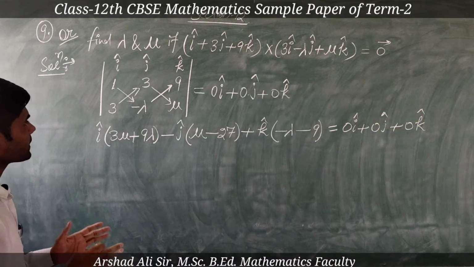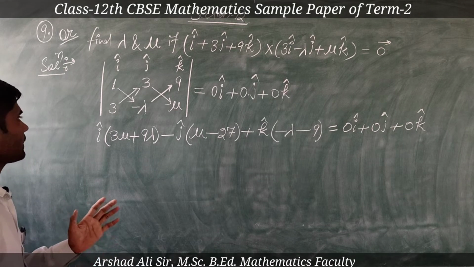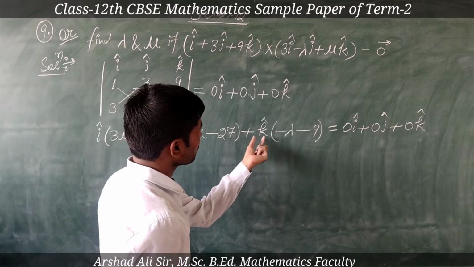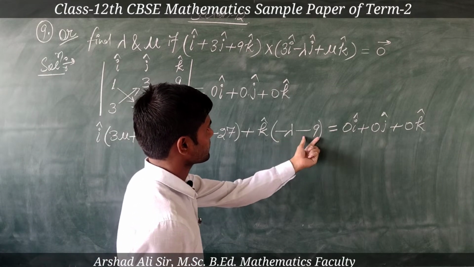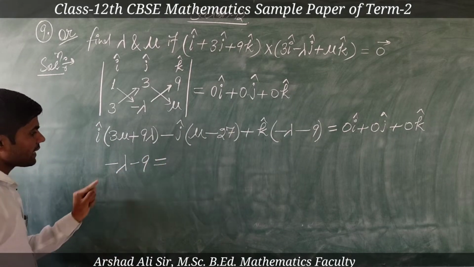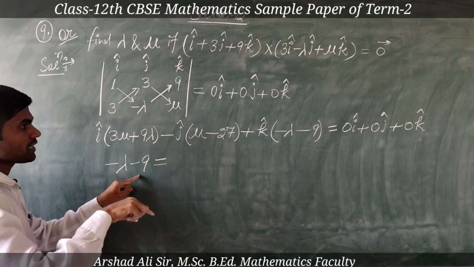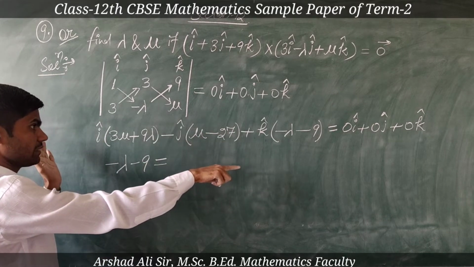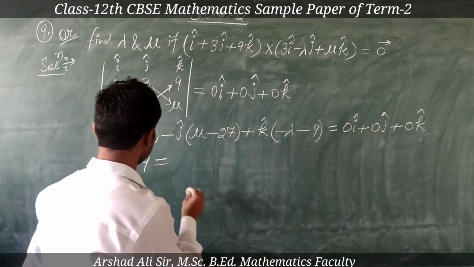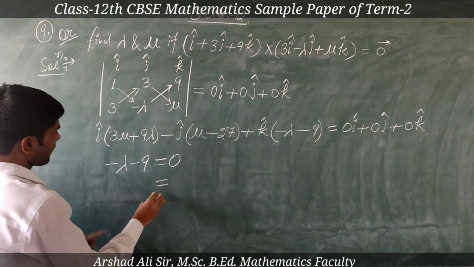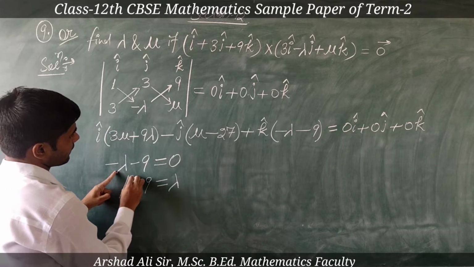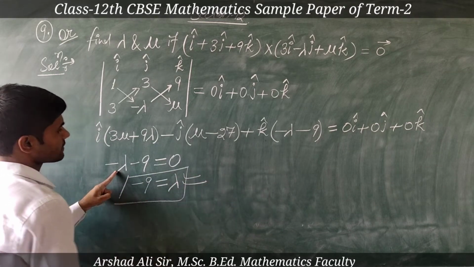Okay, so now we can compare the coefficients of i cap, j cap and k cap. Here you can see the coefficient of k is minus lambda minus 9 on the left side, and the coefficient of k on the right side is 0. So minus lambda minus 9 is equal to 0, and we get value of lambda is minus 9.